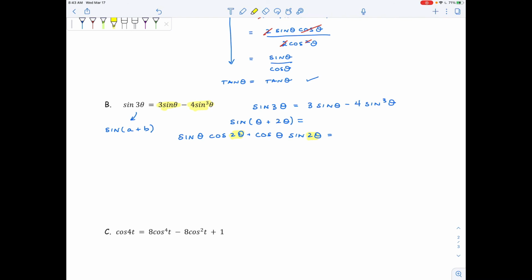If you're not sure, what I would suggest doing is replacing both of those double angles with their counterparts that use as many sines as you can get. So for example, I'm going to replace cosine 2 theta with 1 minus 2 sine squared theta. And I don't have much option with the sine 2 theta.